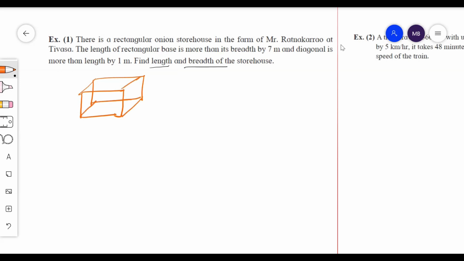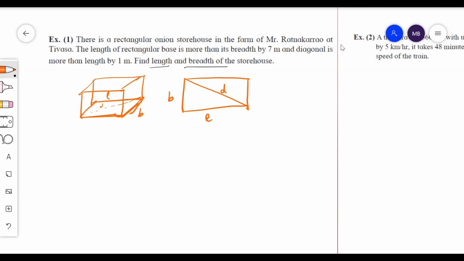And they are talking about the rectangular base. So in this rectangular base, let this be the length, this is the breadth, and this is the diagonal. Okay, breadth, length, and diagonal.